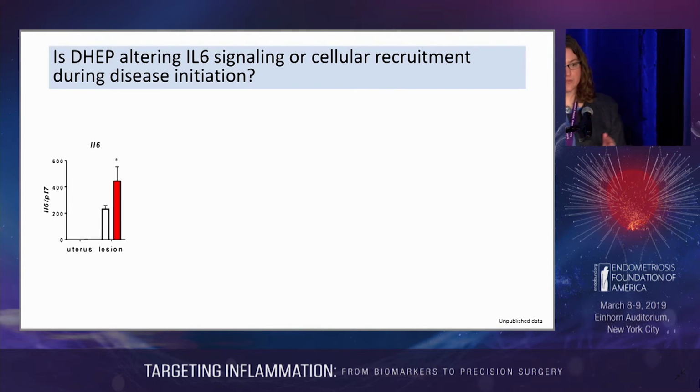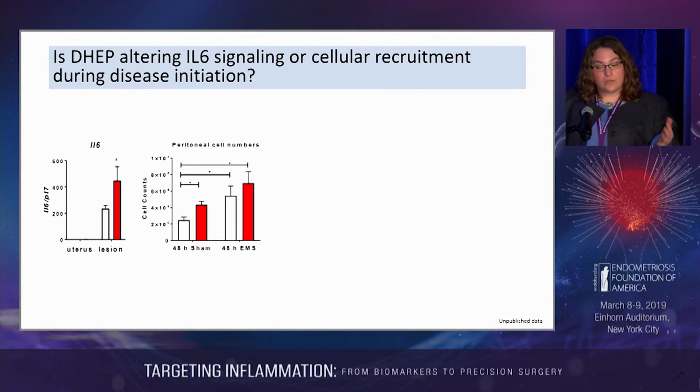So we wanted to ask what cell types are being recruited, and that's one of the things that we looked at with the neutrophils and the macrophages. Overall, looking at the cells that are recruited into the peritoneal cavity, we find that with sham animals, which are animals that had operation but were just injected with PBS, just with the DEHP alone, there's a different milieu of immune cells in the peritoneal cavity.